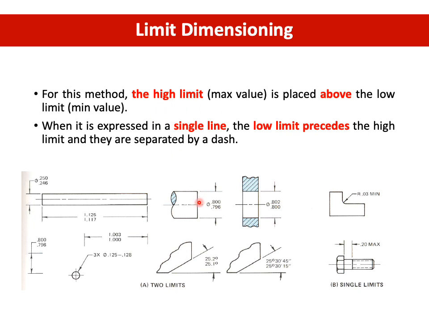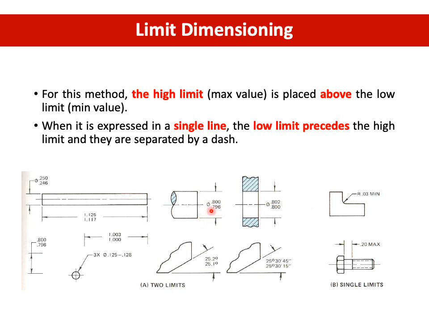As you can see in the figures below, A shows two limits, where you have a maximum and a minimum, the high limit and the low limit. If you have two limits, you need to show both, and make sure the high limit is on top while the low limit is on the bottom.